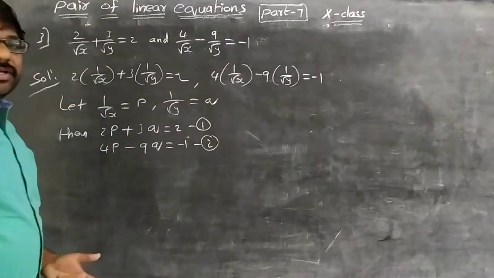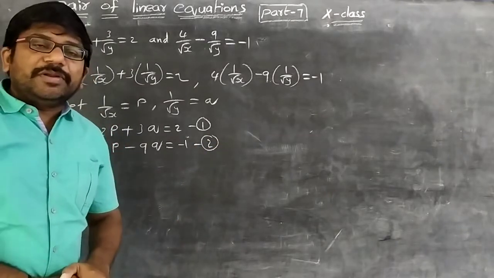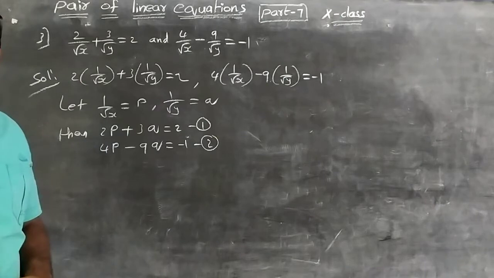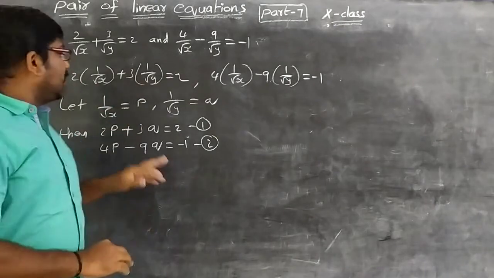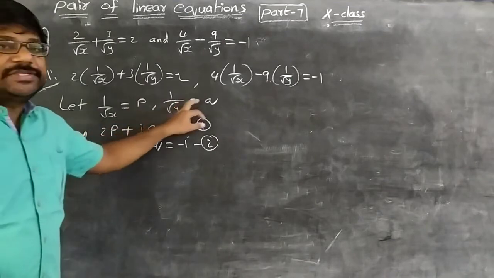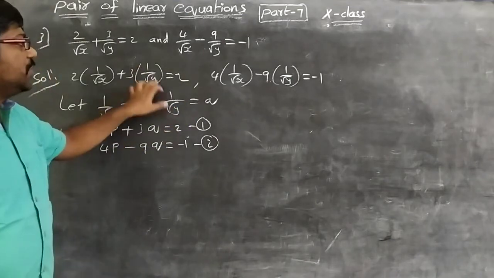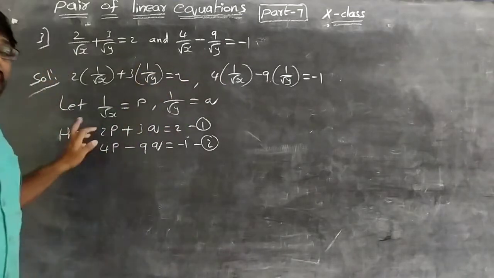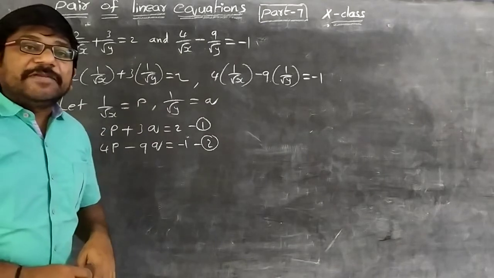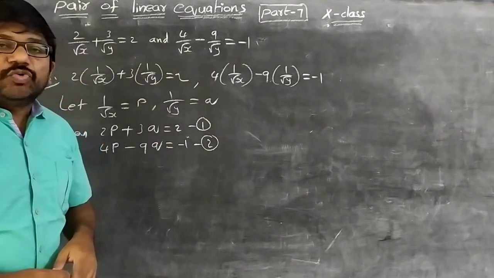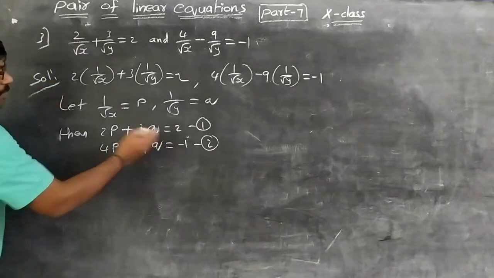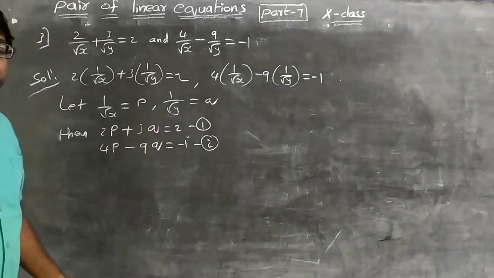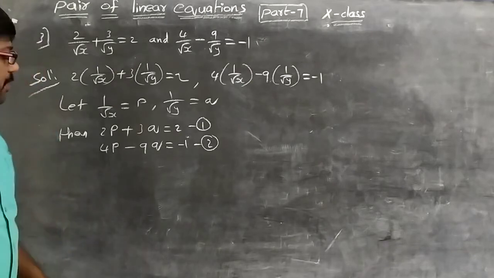So it is very simple. First, identify the common fractions in both equations and let the first one be p, the second one q. Substituting these, we get a pair of linear equations in two variables p and q. Now solve these two equations by using the elimination method or any method.